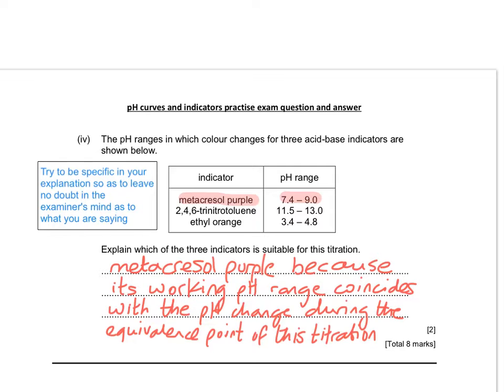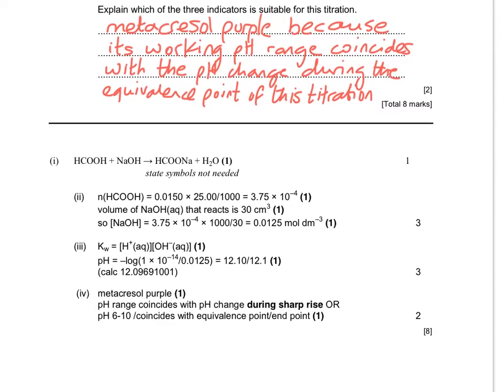So let's now have a look at the mark scheme to this question. We need to pull the page down to reveal it. So we got our equation, we worked out the number of moles of methanoic acid, we identified that the volume of base reacting at the equivalence point is 30 centimetres cubed, and therefore we worked out that the concentration of sodium hydroxide was 0.0125.